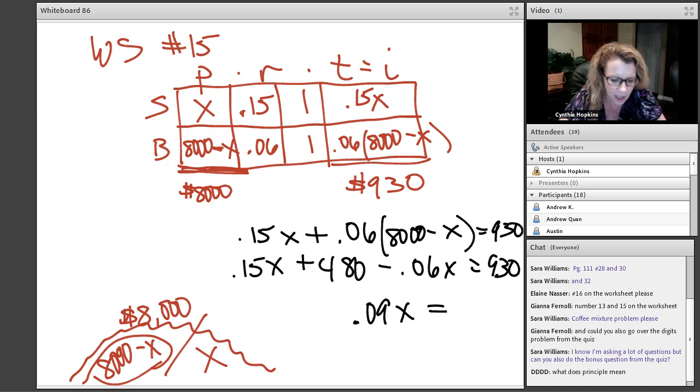Okay, and then my 930 minus 480 is 450. So then I divide by 0.09, and x equals 5,000.